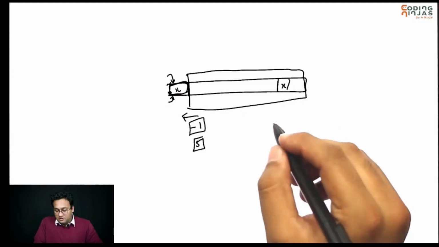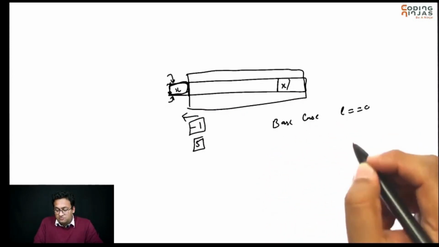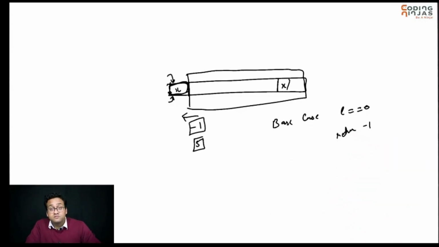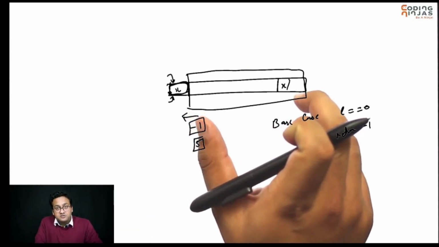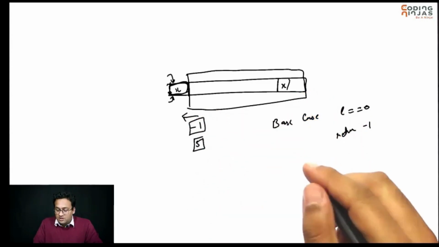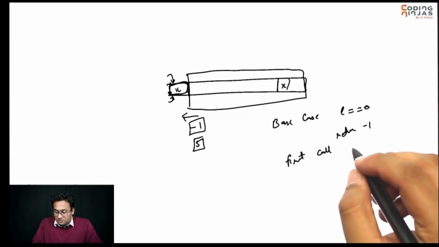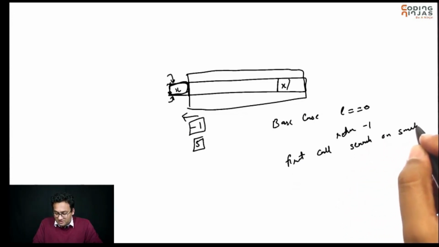Okay? Base case, exactly the same. If length is 0, we can return -1. Hypothesis: the smaller list will return the correct last index of x. Step: first call the last index search on the smaller list.